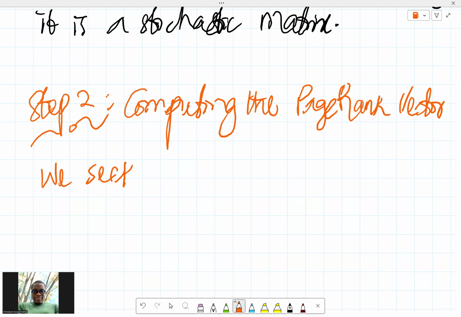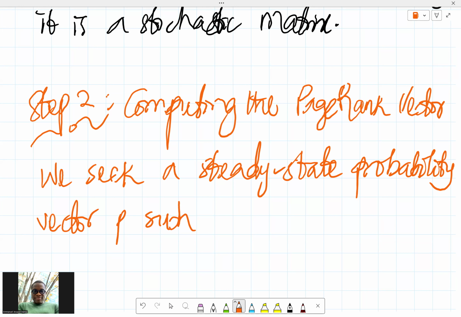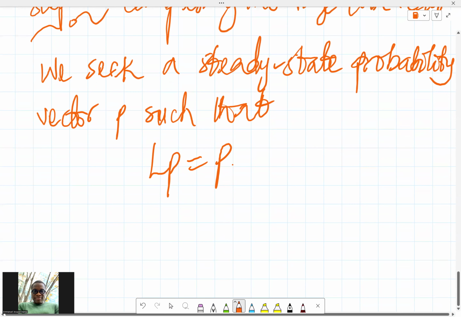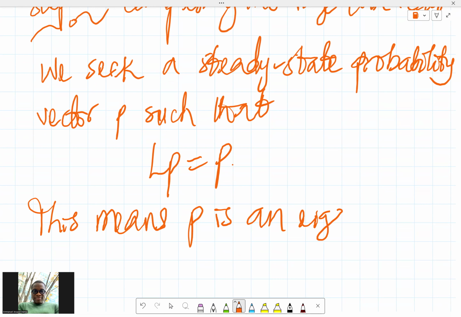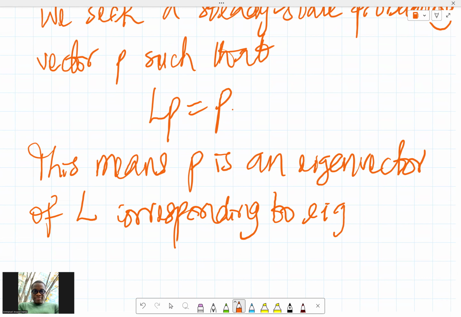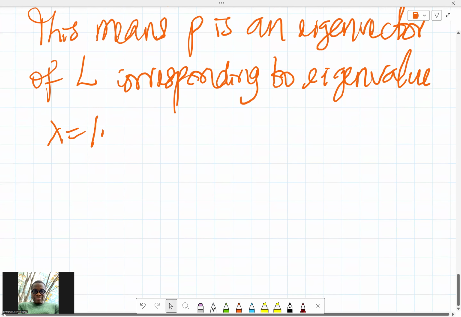Here we seek a steady state probability vector P such that LP is equal to P. This means P is an eigenvector of L corresponding to eigenvalue lambda equals 1. Okay, that has to be guaranteed.